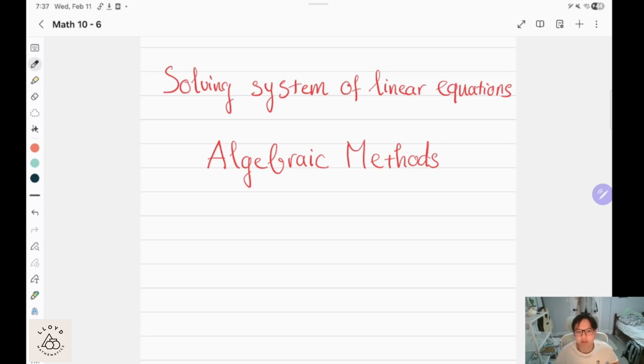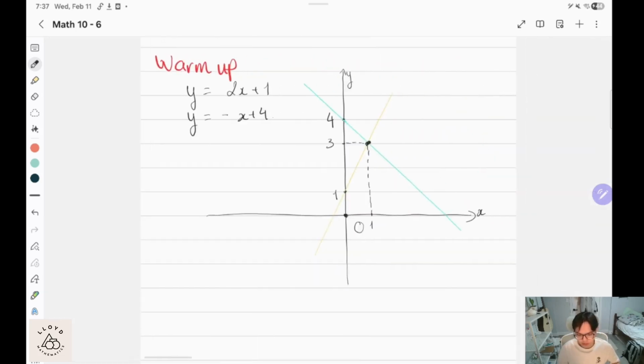Let's move on to the first warm-up example. I've got two linear equations right here. The first one is the yellow line, and this one is the green line. As we all know, the solution is this point, the intersection of the two lines, using the graph method.